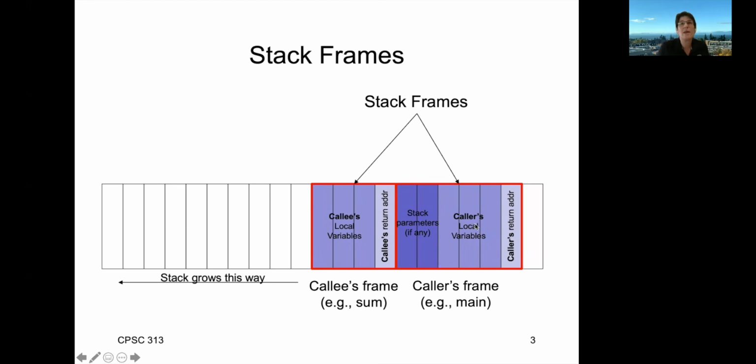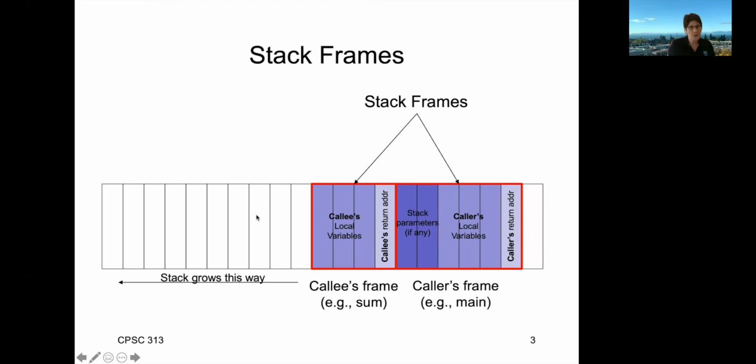You might think of it as main, right? So here is the first stack frame. When this function invokes another function, it creates another stack frame. And if that function were to invoke another one, it would keep growing. So the stack is going to keep growing to the left. And each procedure that we call is going to construct a stack frame.